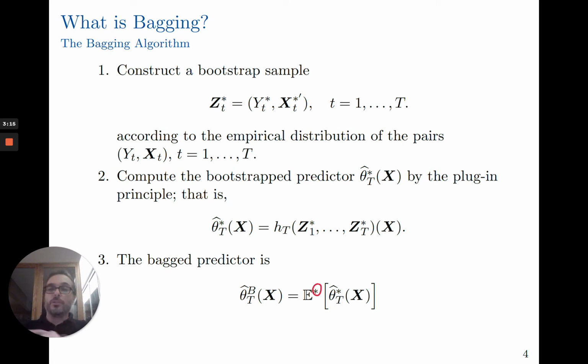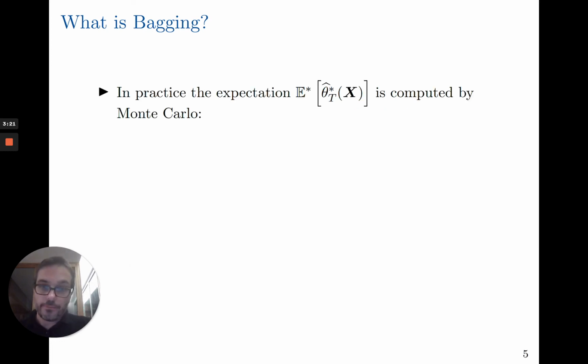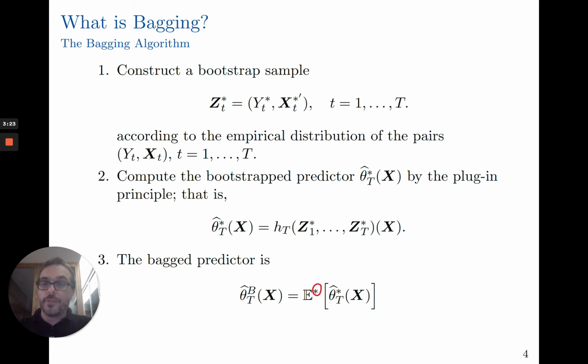That means that we are going to take the expectation with respect to the bootstrap distribution. And so that's the bootstrap estimator. It may look quite obscure right now why we are doing that. I promise you that this will become much clearer in a few slides.